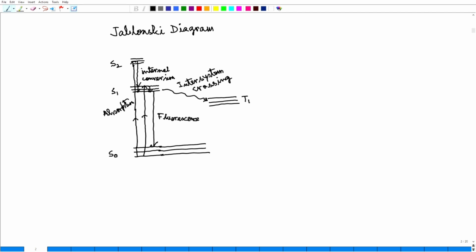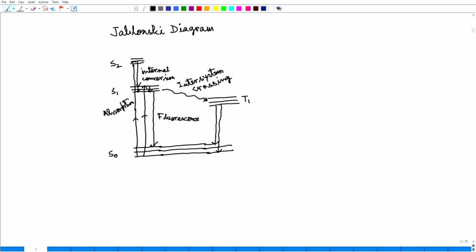And from this triplet vibrational ground state, it can come down to the ground state.